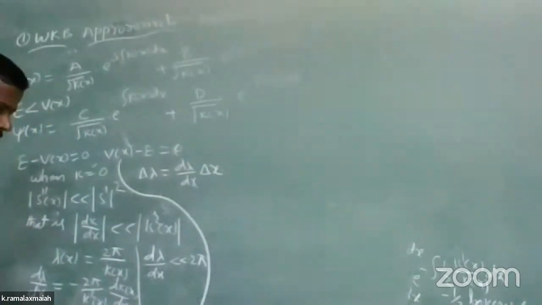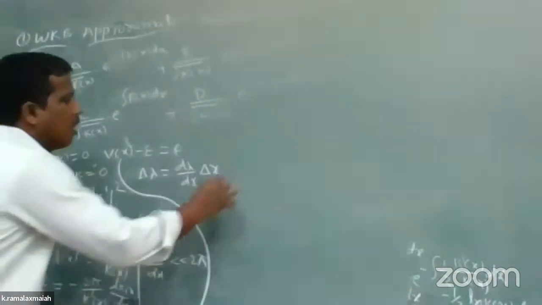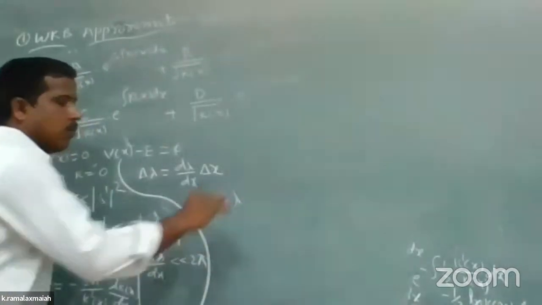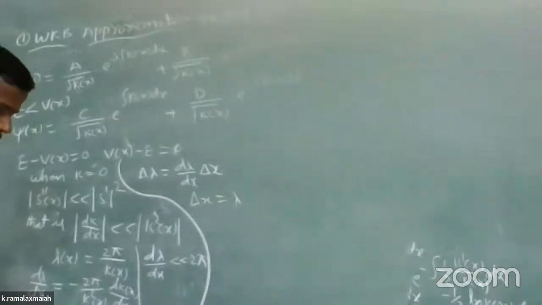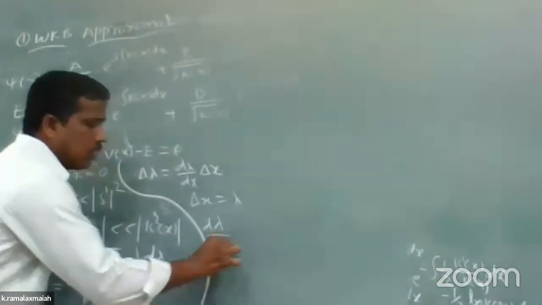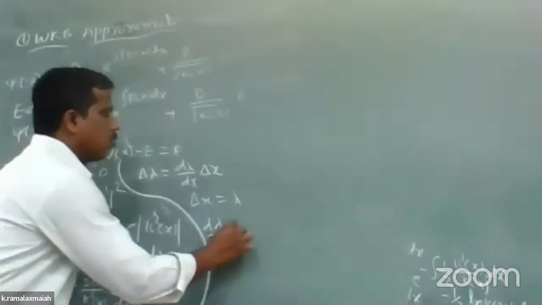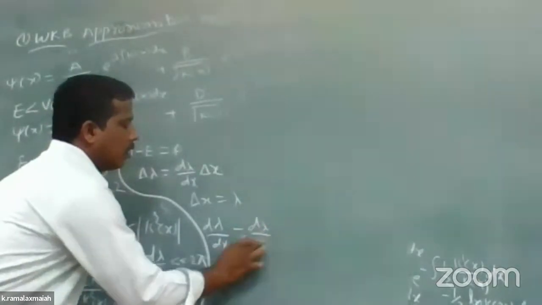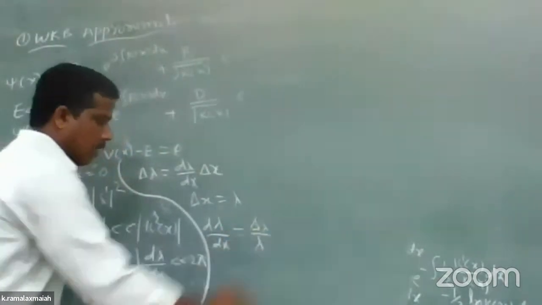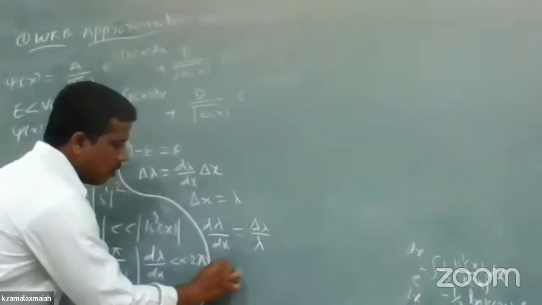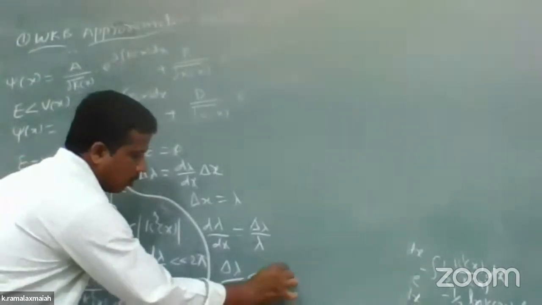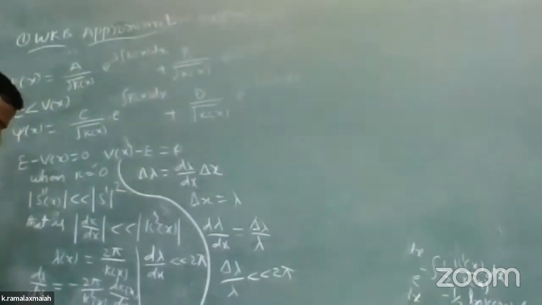Choose delta x equal to lambda. That simplifies d lambda by dx to delta lambda by lambda, and delta lambda by lambda is much less than 2 pi.